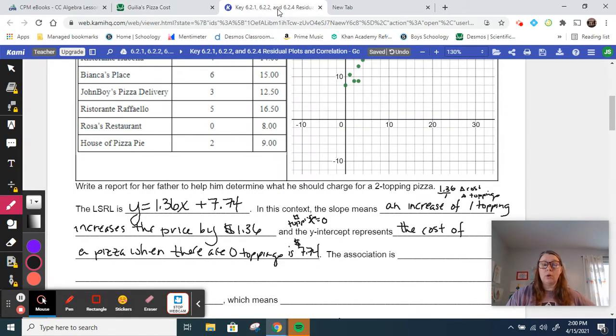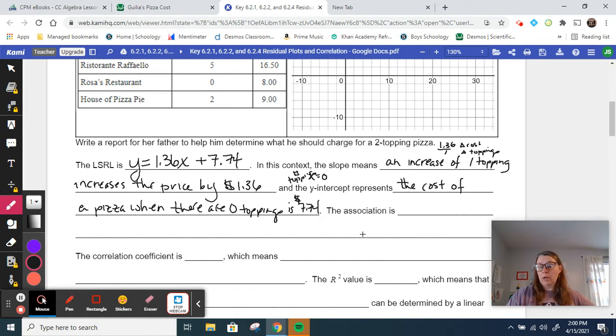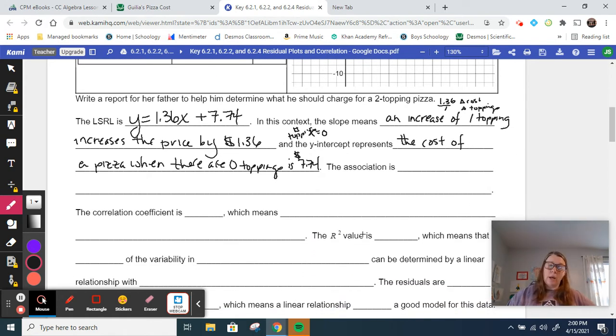Now if you think it's strong, you could say strong. So the association is moderate. We talk about the strength, we talk about if it's positive or negative, and if it's linear or nonlinear. Okay. Now, we haven't talked about any of this other stuff yet. We're going to come back to this in a minute.